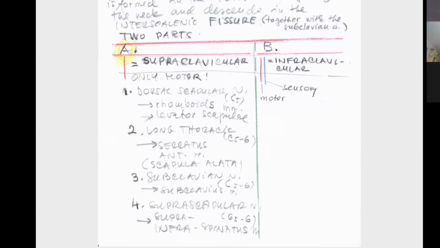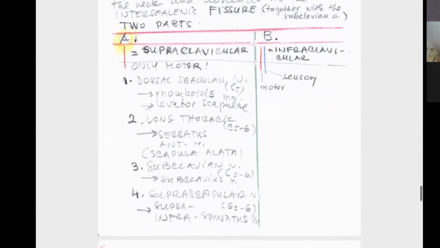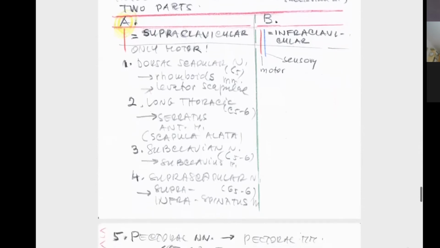You probably remember when we explained that this long thoracic nerve is very superficial and very sensitive to any violence, and any damage to this long thoracic nerve leads to the scapula alata, which is paresis of the nerve, which leads to a weak serratus, usually attaching the scapula firmly to the wall of the thorax.